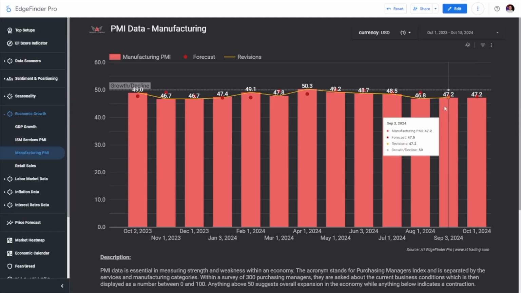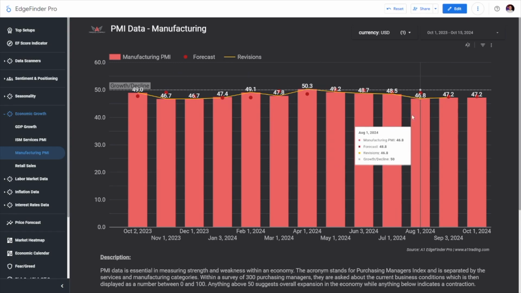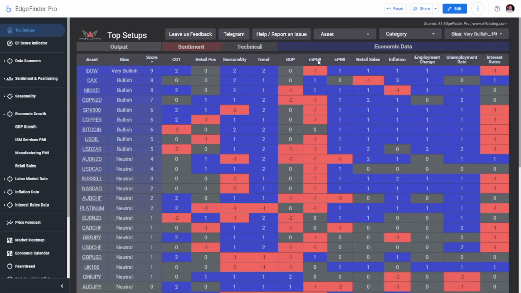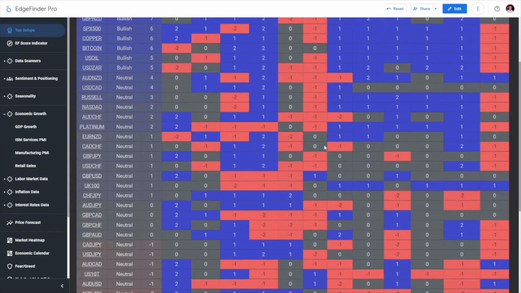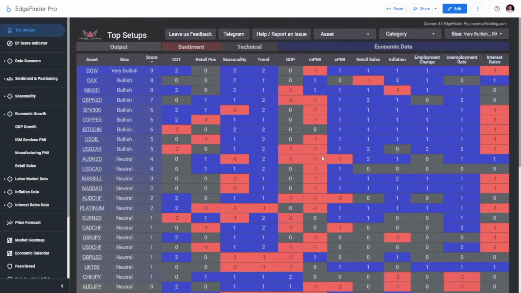So this of course impacts the score. If purchasing managers are seeing the need to hire more people and sales expectations are looking good for the upcoming months, those things tell us, and it's a forward-looking indicator by the way, that the economy the PMI is being conducted in could actually see some strengthening. You can see that impacting the score based on where those forecasts were either beat or missed for each respective economy.